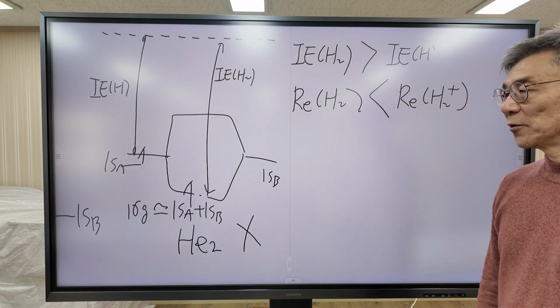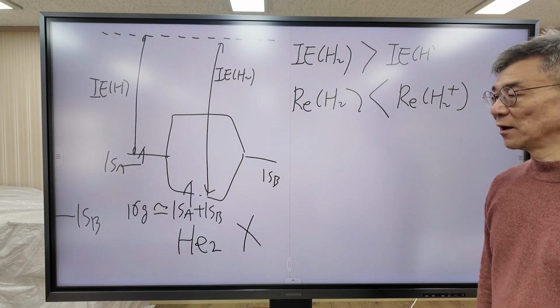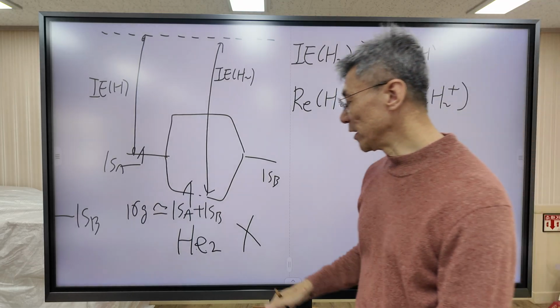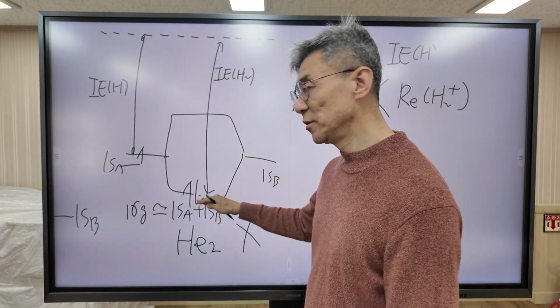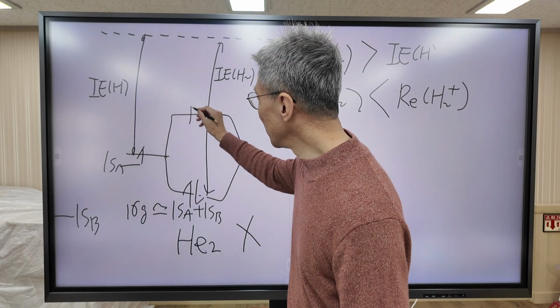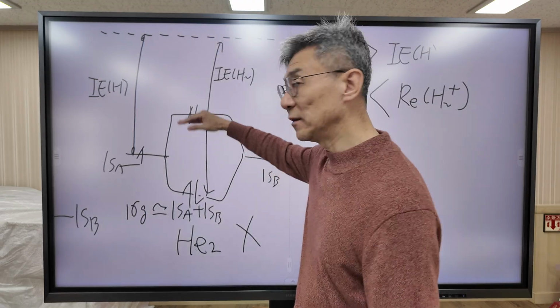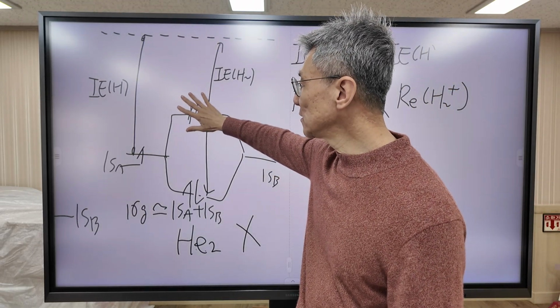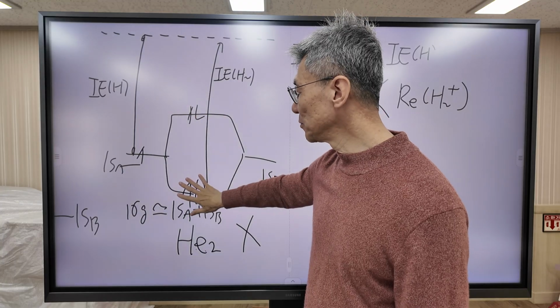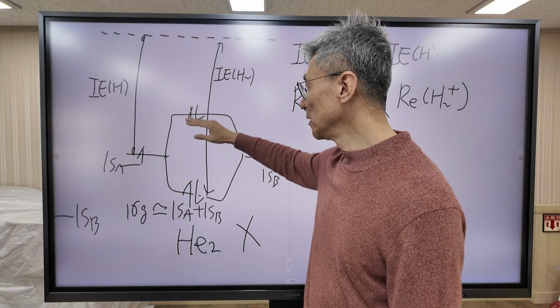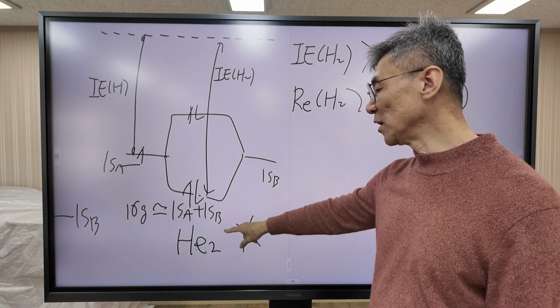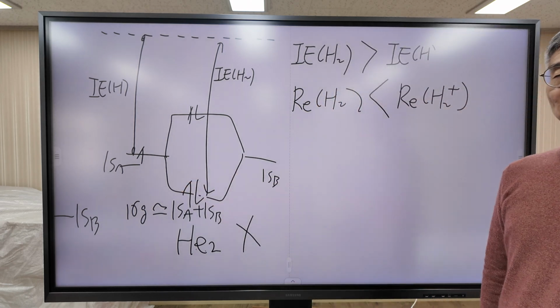According to the molecular orbital diagram, the helium dimer has 4 valence electrons. Two electrons enter the bonding orbital, and the remaining 2 electrons enter the anti-bonding orbital. So the anti-bonding electrons cancel out the stability of the bonding electrons. So the helium dimer does not exist.